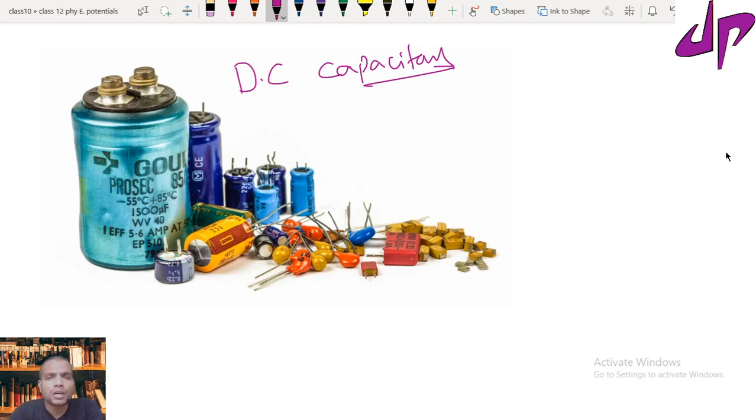It can store charge, and later we will understand that it stores potential energy also. When the charge is stored, potential energy also gets stored. So this is an energy storage device.